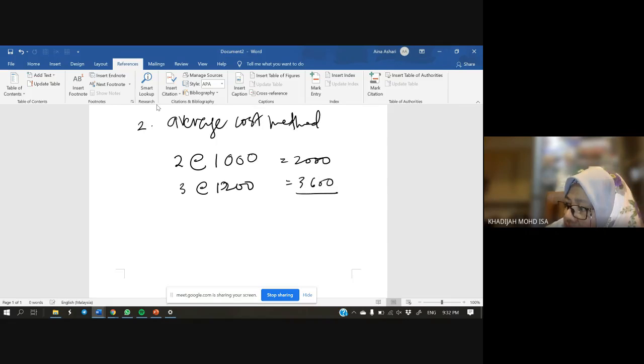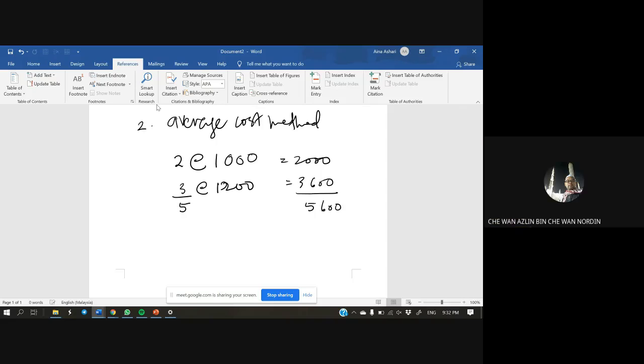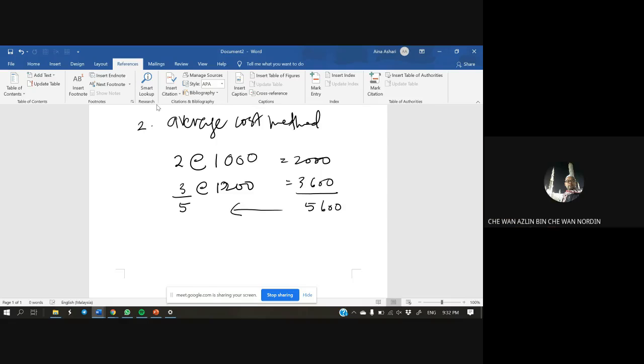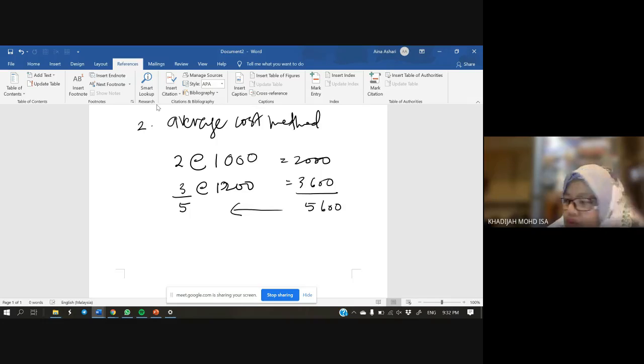So total is 5,600. So how do we calculate the average price per unit? You have 5 units, so you divide 5,600 by 5, and you get the per unit average of 1,120.